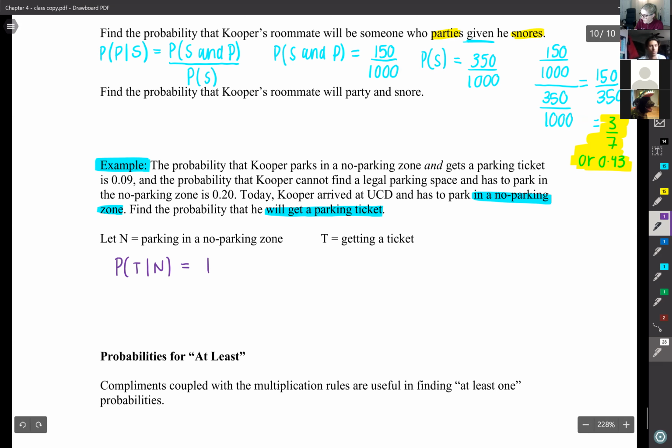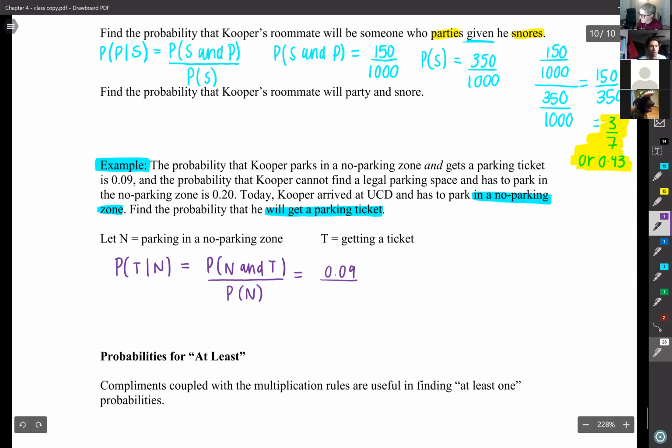Okay, well, based on my formula, this is the probability of T and N. Sorry, I'm trying to stay consistent with the formula here. So N and T over the probability of N. But we're given both of these probabilities in the problem setup, because we know the probability that he parks in a no parking zone and gets a parking ticket is 0.09.